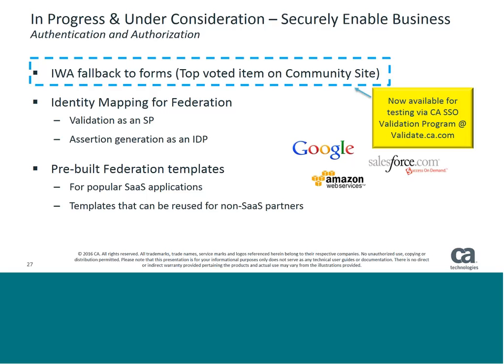Today, that configuration is much simpler. We have introduced a new authentication scheme called auth chaining. It allows an administrator to chain different authentication modules to behave as a single authority. Currently, CA SSO supports only IWA fallback to forms-based authentication scheme, but the same auth scheme can be extended to other authentication schemes as and when we see the demand for such a use case.